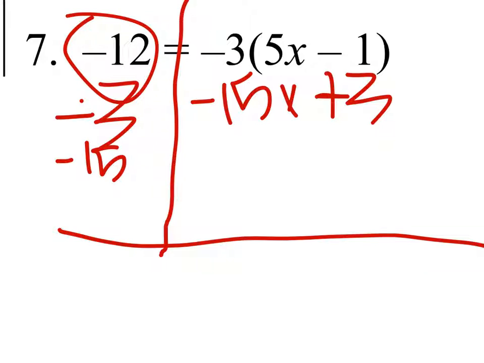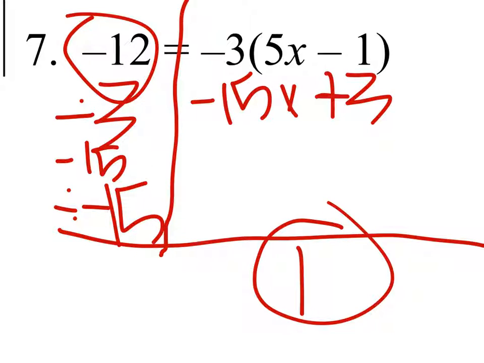And then you divide by negative 15. And then I'm pretty sure that you get 1. Alright, excellent work. It is 1, by the way, so that's good.